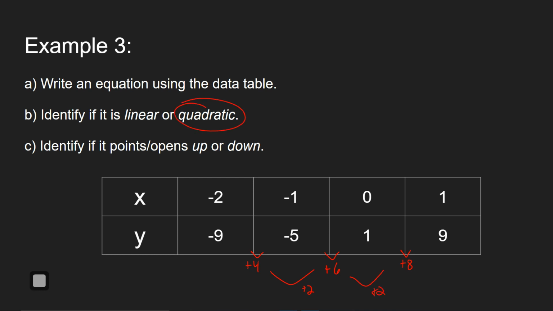We need to figure out if this is going to open up or down. Because we have a data table, we can draw a quick sketch. Negative 2, negative 9, negative 1, negative 5, 0, 1, and 1, 9.